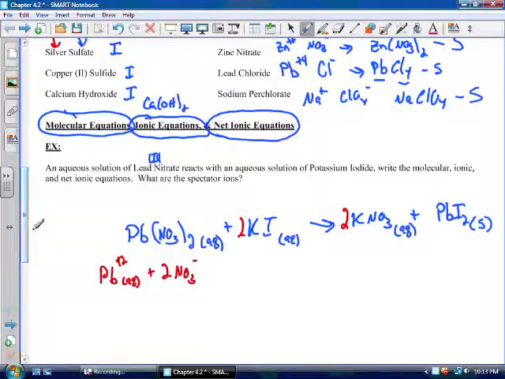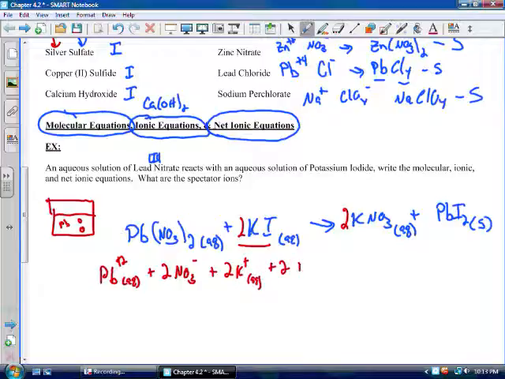If I take a container of water and put that in there, I'm going to have a Pb ion floating around and 2 little nitrate ions floating around for every molecule. That's what that's saying. Since I have 2 of this particle, it's going to break apart into 2 K plus ions that are aqueous, and 2 iodide minus ions that are aqueous.